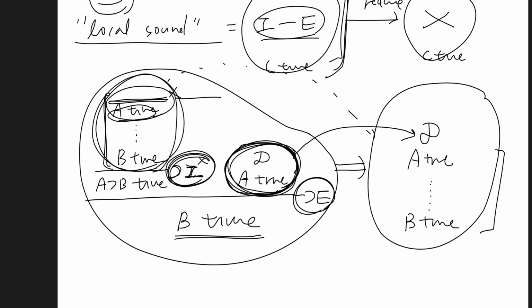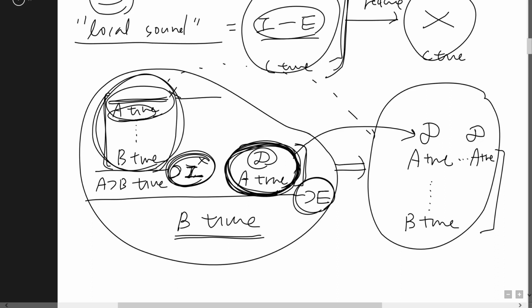So you have to make copies of this derivation tree D just as many times. So in reality, you might have something like this. But the point is, you make a copy of this partial derivation tree and then replace this hypothesis with this complete proof of A true.